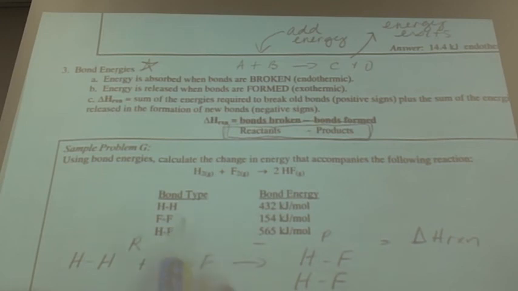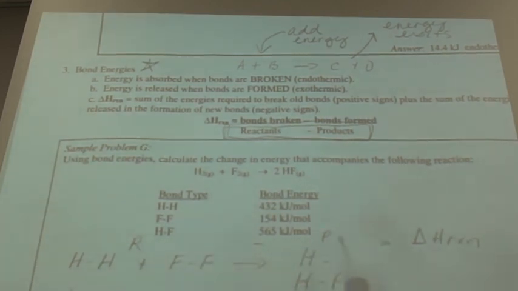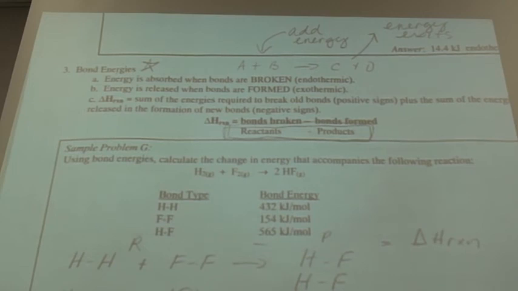I have HH, the bond energy needed to break an HH bond when it's reacted is 432 kilojoules. The bond energy needed to be inputted to break the FF is 154 kilojoules. The bond energy released when HF forms is 565 kilojoules.